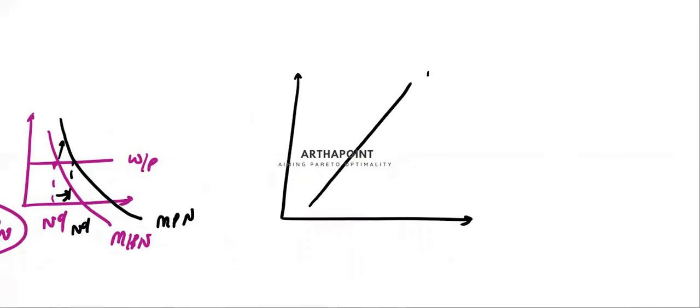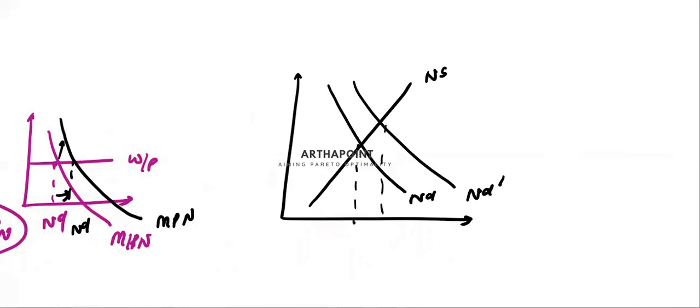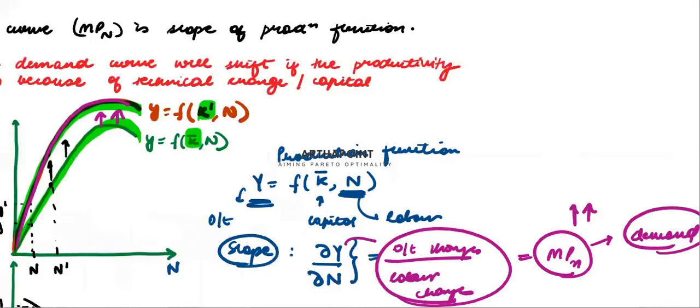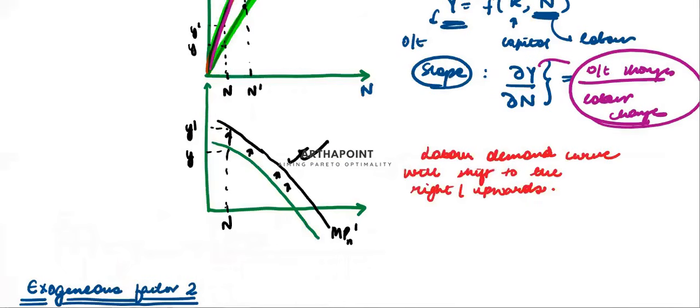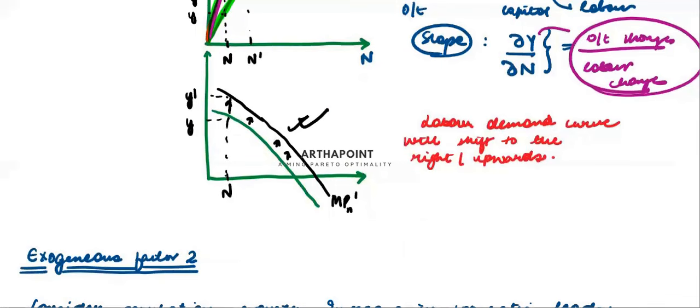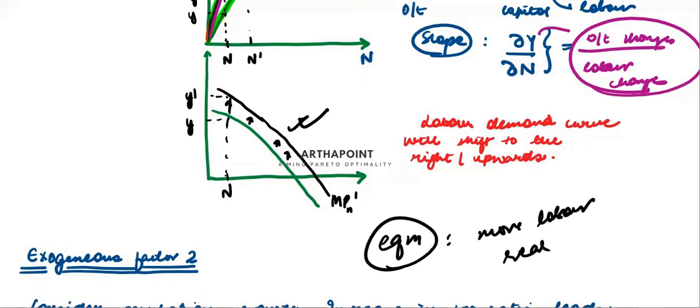If there will be increase in the demand of labor, it will increase the equilibrium amount of labor and it will increase the real wages. So this is the entire impact. There is increase in the demand of labor. It shifts the MPN to the right. When that shifts, then in the final equilibrium, you employ more labor and real wage increases.